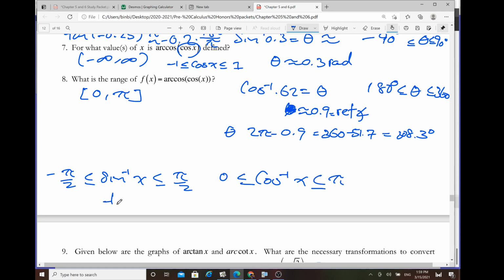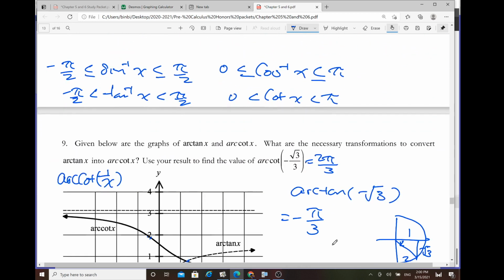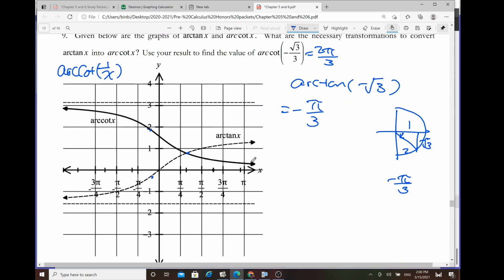The restricted range of inverse tangent is from negative pi over 2 to pi over 2. And what about cotangent? For the restricted range of cotangent, you want to put from 0 to pi, just like the graph that we did right here.